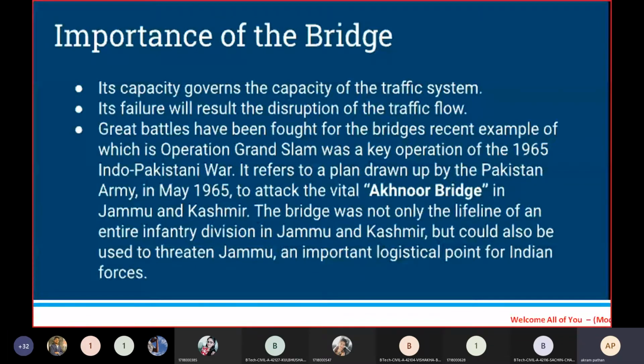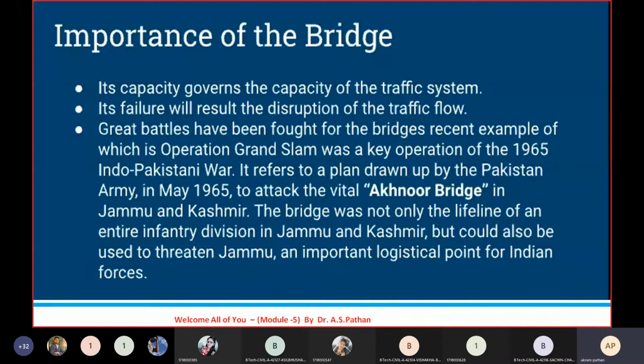Then another importance of the bridge is that its capacity governs the capacity of the traffic systems. For example, while aligning bridges across a road or railway where there will be a traffic problem, then we have to construct a bridge.